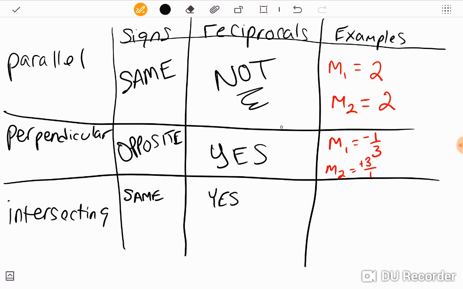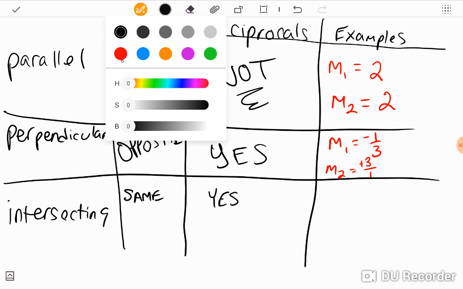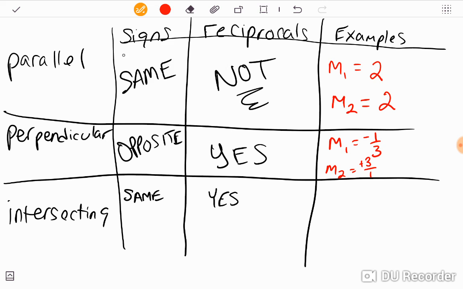So an example of something like this would be if m1 is, let's say m1 is negative 1 over 2, and then we'll say m2 is, let's say negative 2 over 1, right?